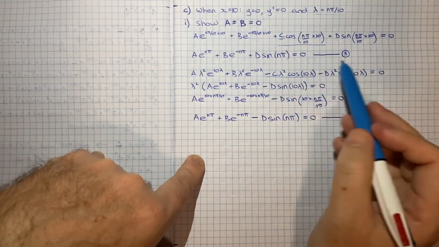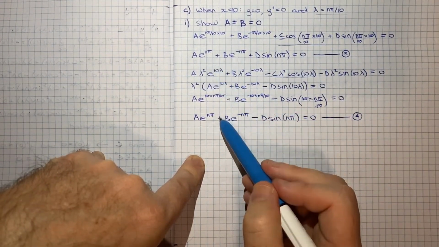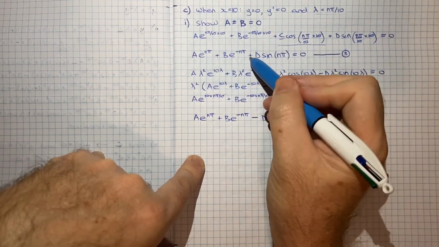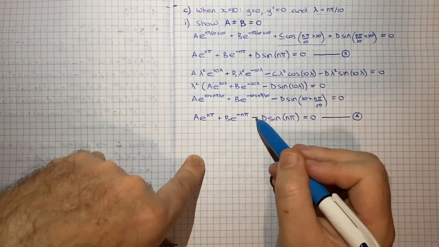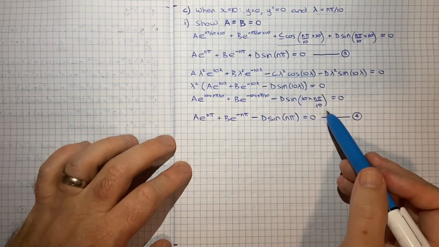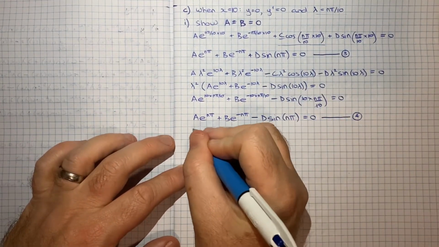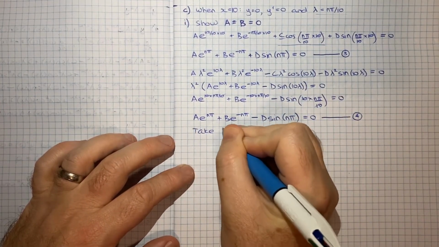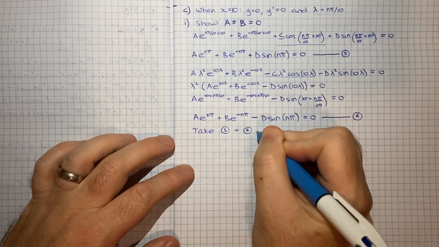And if you notice equation 3 and equation 4, they're very similar, except we've got a plus d sine n pi and a minus d sine n pi. So if we add these up, the d's are going to cancel. So let's take 3 plus 4.